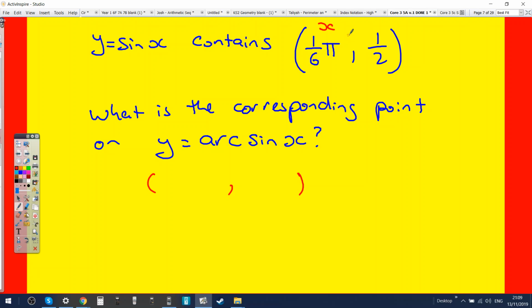The x becomes the y, and the y becomes the x. That's it.